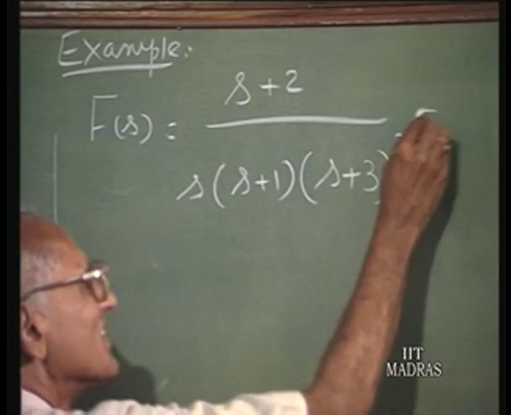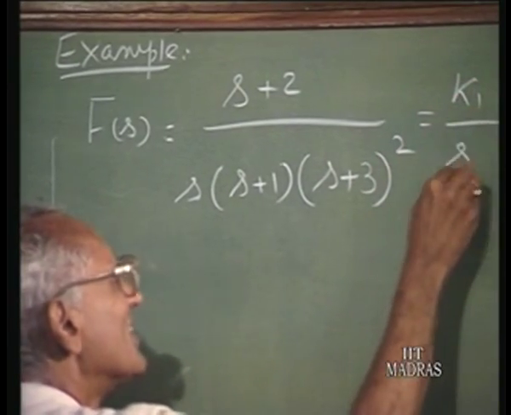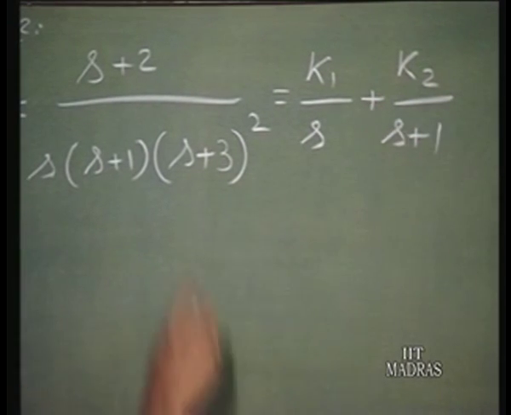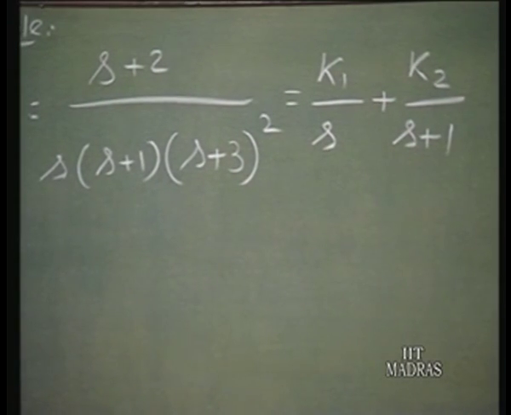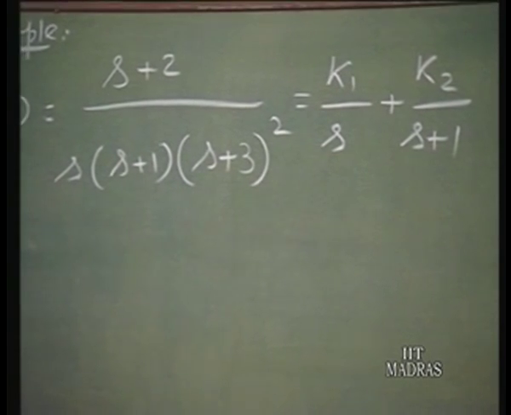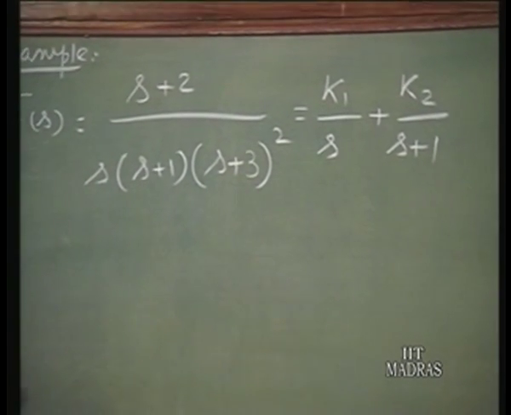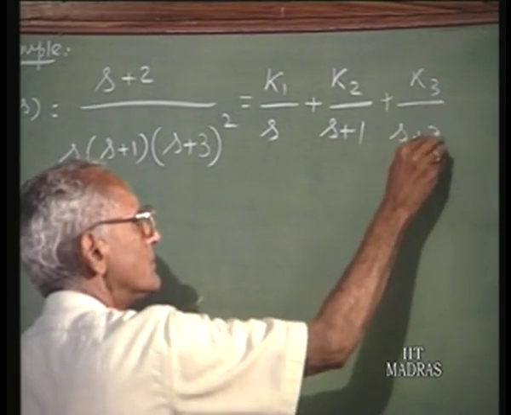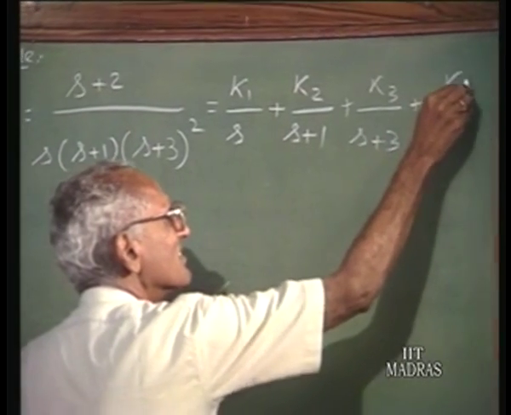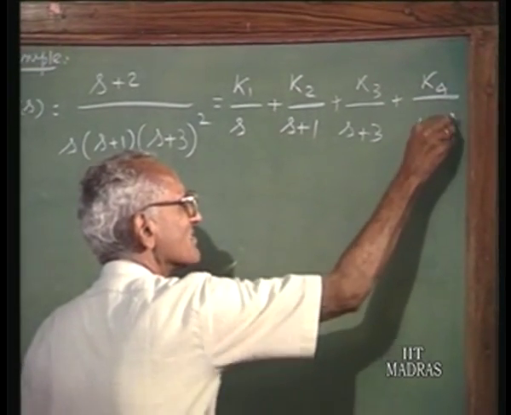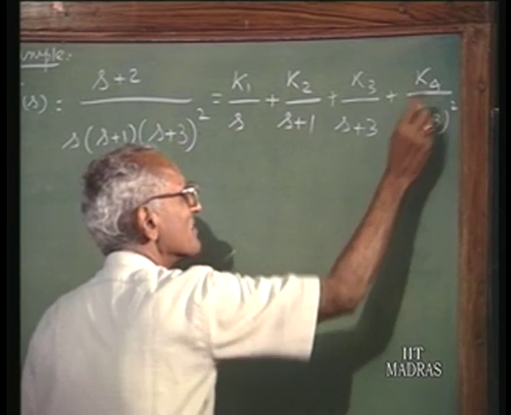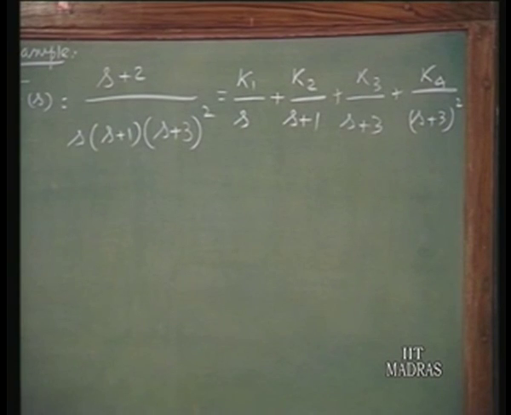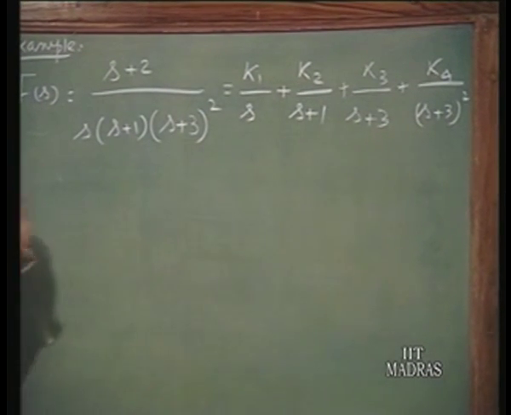Therefore we have k1 over s plus k2 over s plus 1, and corresponding to this multiple order s plus 3 whole squared in the denominator, you can express this as k3s plus k4, or alternately it suits us to express this as k3 over s plus 3 plus k4 over s plus 3 whole square, because these are easily identified with the Laplace transforms of well-known time functions.